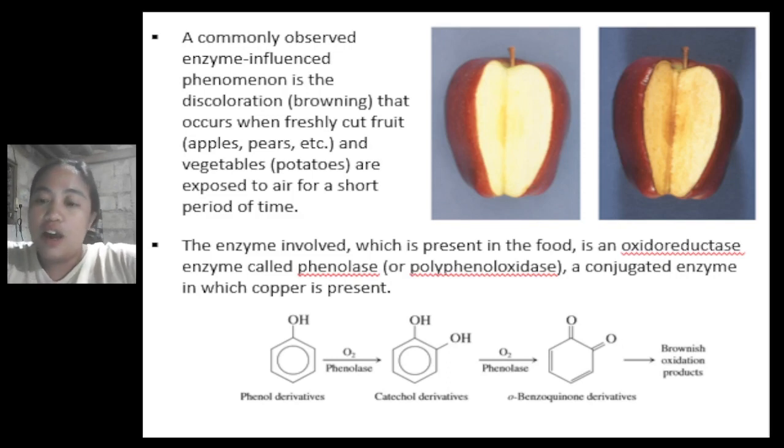So this will slow down the browning process. And also we can ibutang sa refrigerator ang ato nga mga pagkaon, specifically fruits like apple or pear and a vegetable like potatoes. So this will slow down the enzyme activity of phenolase.